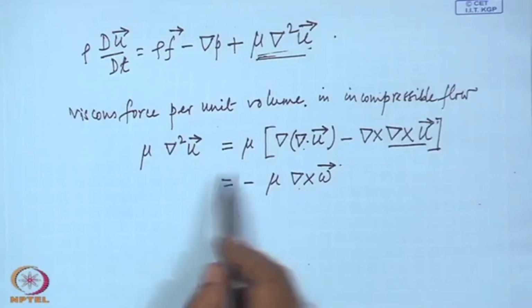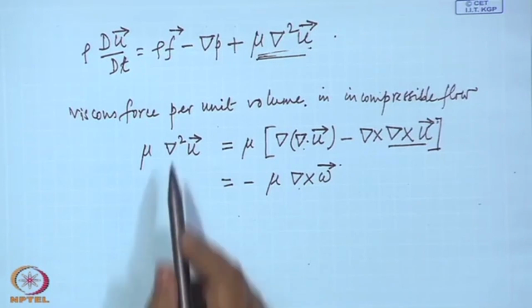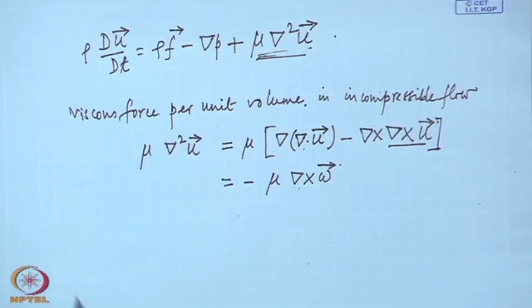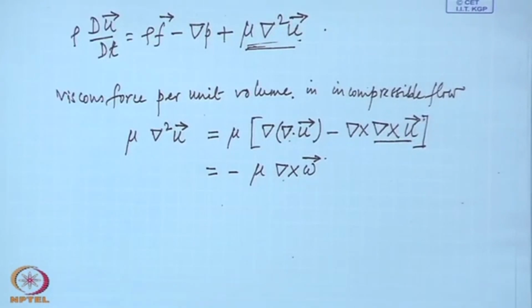This particular equation is to be looked into just as a mathematical relation because of the identity of this vector operator. This is not a cause and effect relation.